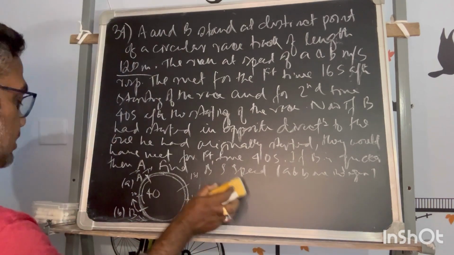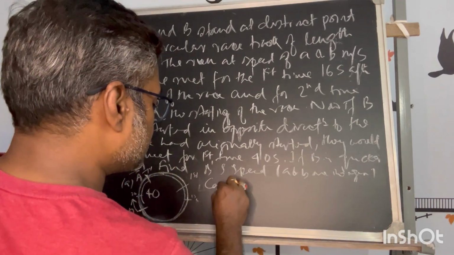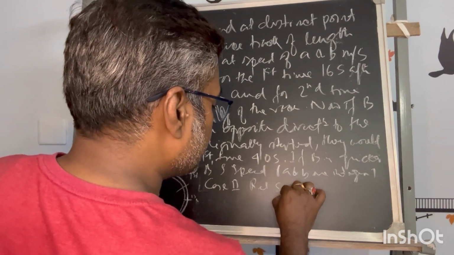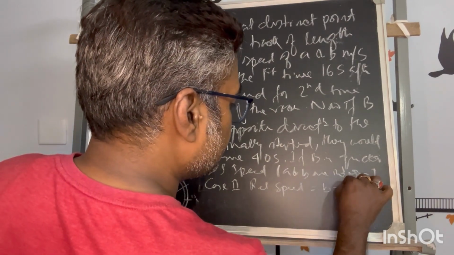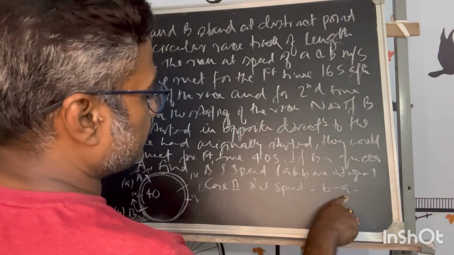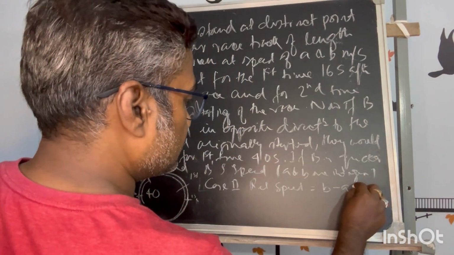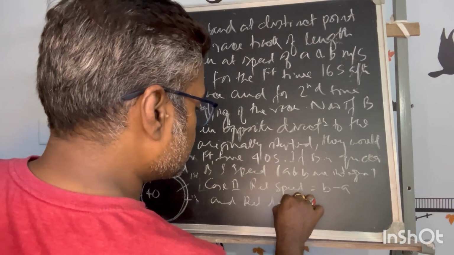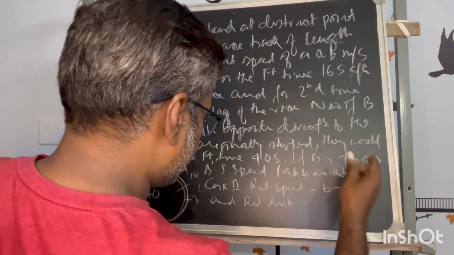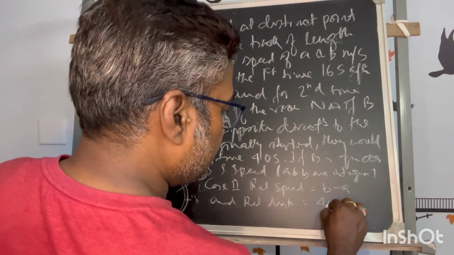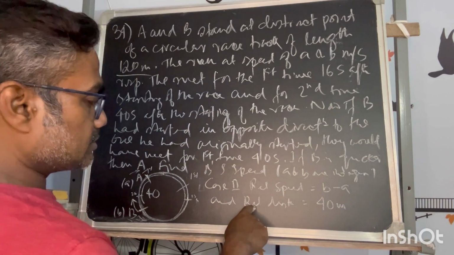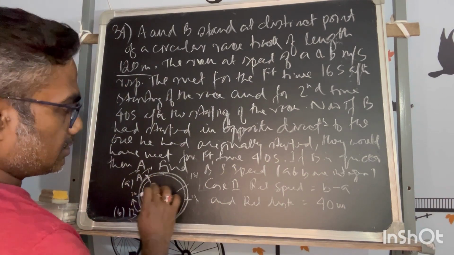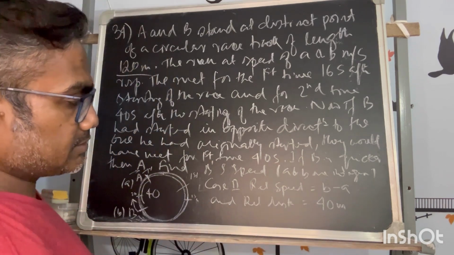For the second case, the relative speed is B minus A. Why? Because the velocity of B is higher than A. And the relative distance that has to be covered to catch up for the first time is what? 40 meters, because if B can cover this initial distance, then only he can catch A.